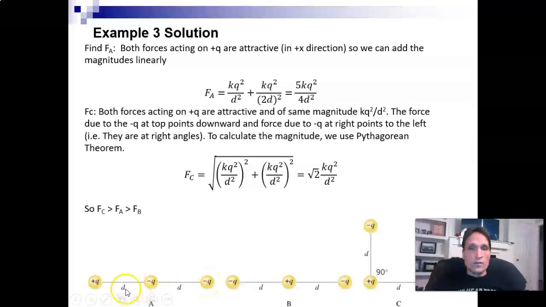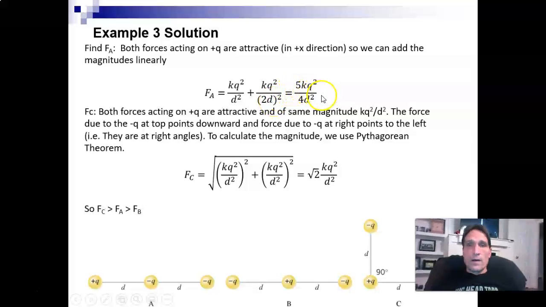That's KQ squared, but the separation here is 2d, so it's over 2d squared. And when you add all of these up, the magnitude of the force on the positive charge is 5/4 KQ squared over d squared.